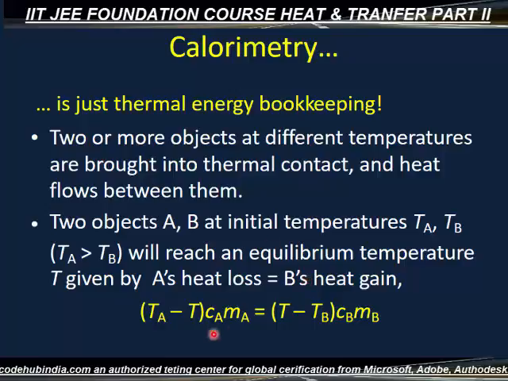At that time the temperature difference of the A material is TA minus T, and total heat is specific heat into mass, and that total heat should be equal to the B material with temperature difference T minus TB, and its specific heat and mass, and that should be equated.